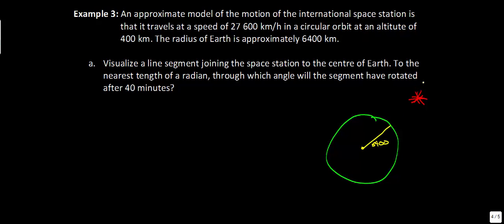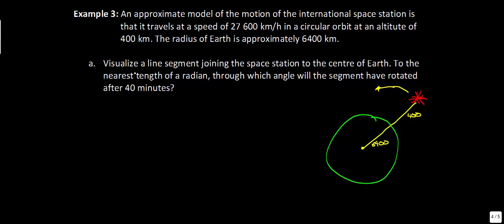And then, of course, this isn't trying to scale very well, but this orbit right here is 400 kilometers, like so. Okay, and so just for our argument's sake, what we're going to say is that the space station right here is going to be going in this direction, like so. Okay, so it's moving at 27,600 kilometers per hour. So we've set the stage as to what's going down with this question.